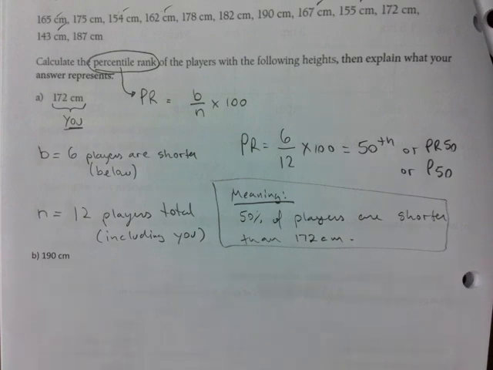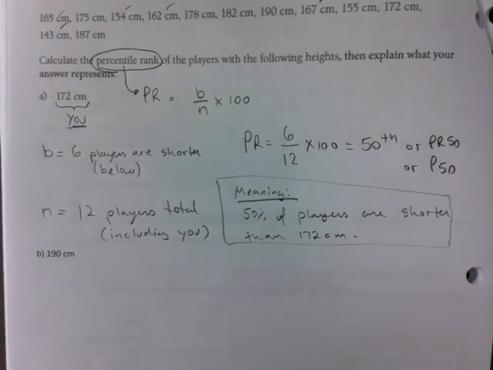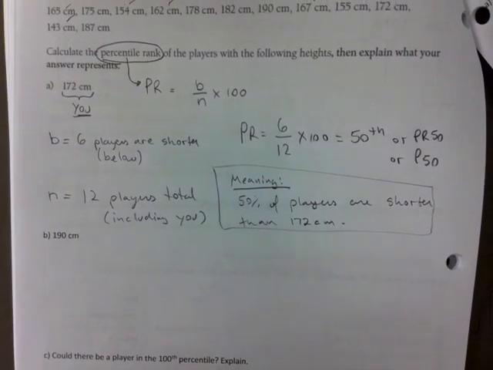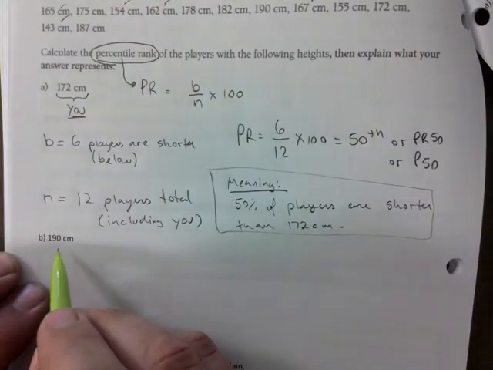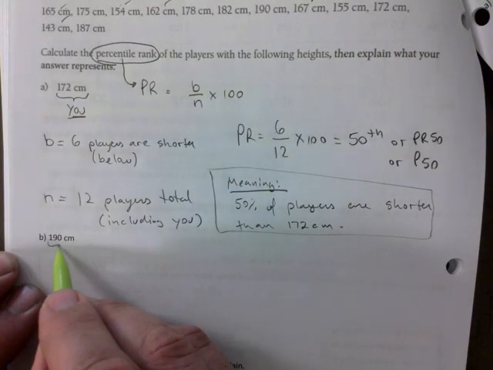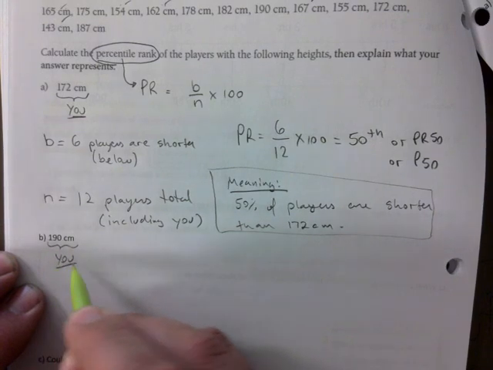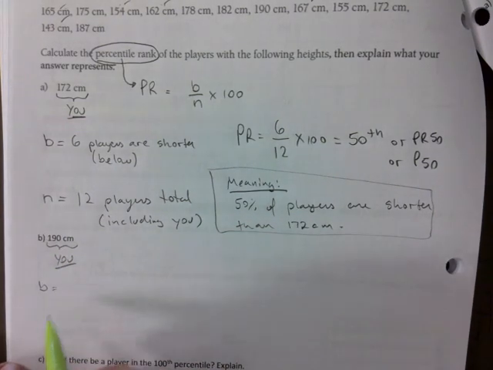So in this case, we do know the actual score. But in general, if you're just given the percentile rank, you don't. Okay, let's keep going. One more time. So now we reset. And so we're going to say this is you now. So how many players are shorter than you? How many in total? We still have 12.